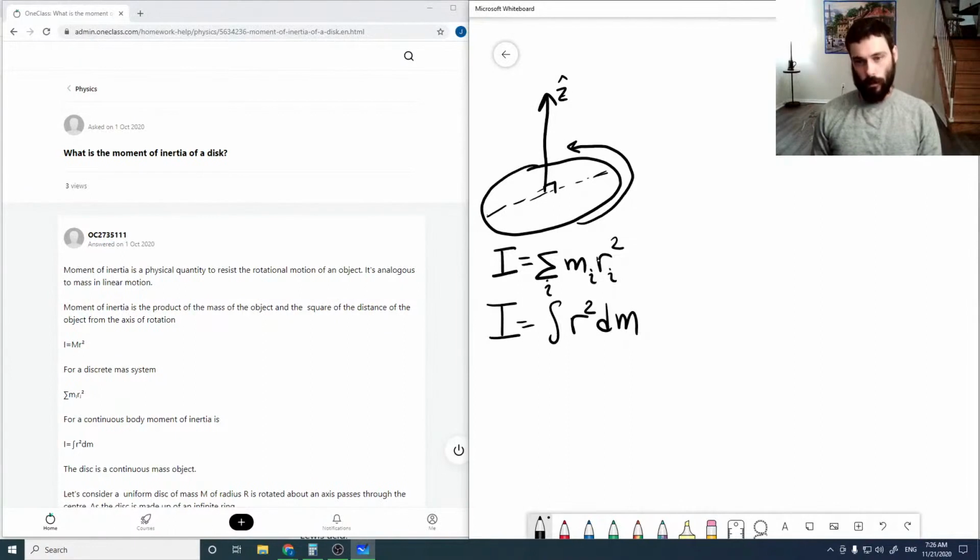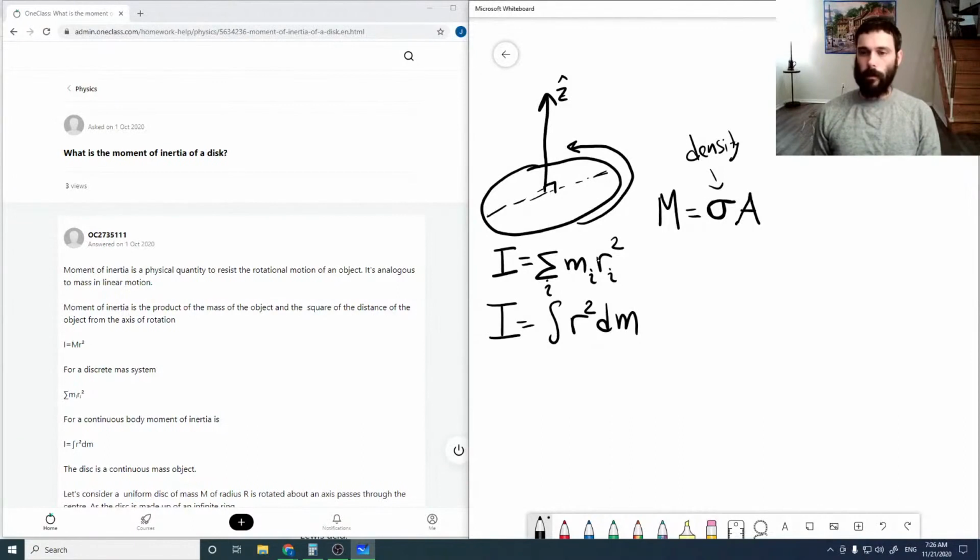So assuming again that it's evenly distributed across the entire mass, then the total mass is going to be the density, or the area density, I should say, times the area, right?